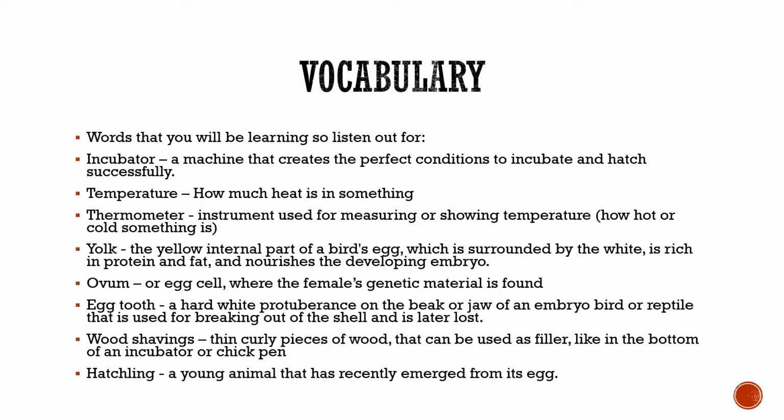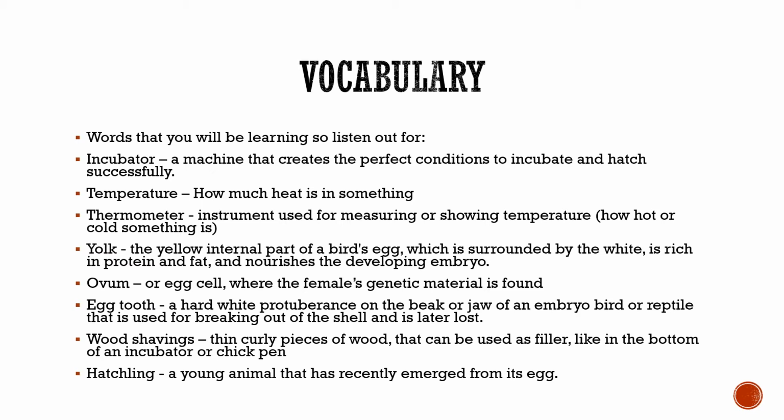An ovum, or an egg cell, it's where the female's genetic material is found. An egg tooth, it's a hard white piece on the beak or the jaw of an embryo bird or even reptiles that they use for breaking out of that hard shell, and then later it's lost, so you won't see that anymore.